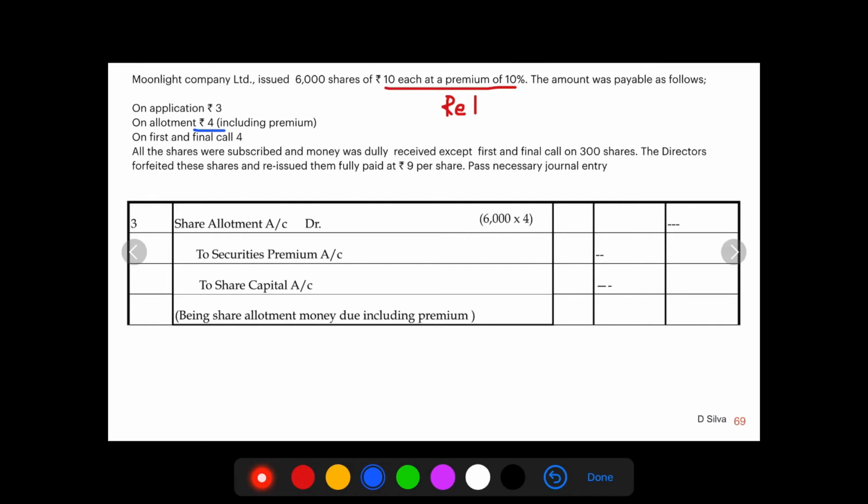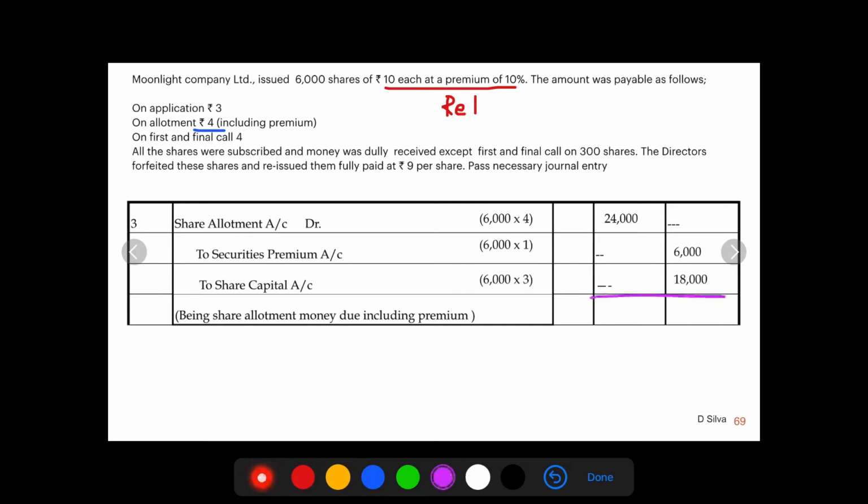So 6,000 into 4 is 24,000 being debited. 6,000 shares at 1 rupee premium is 6,000 credited. To share capital account, 6,000 into 3 is 18,000 that is being credited. So if you just check, students, the total is going to be equal on both the sides.